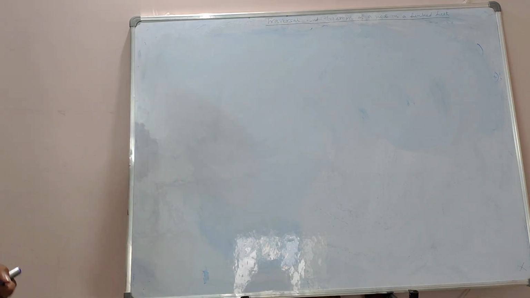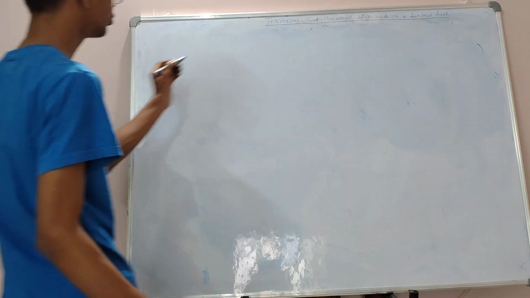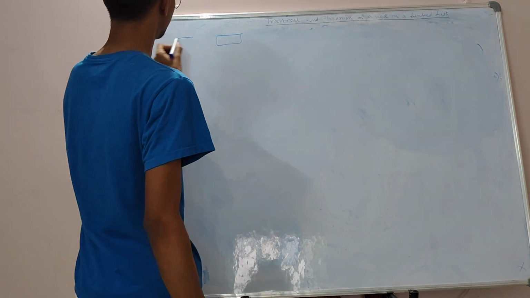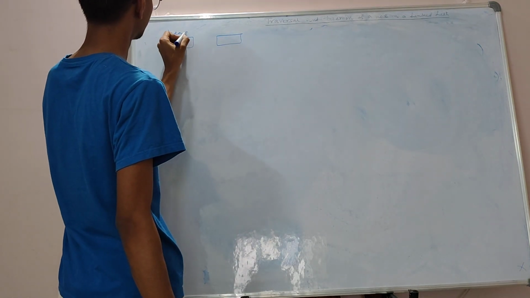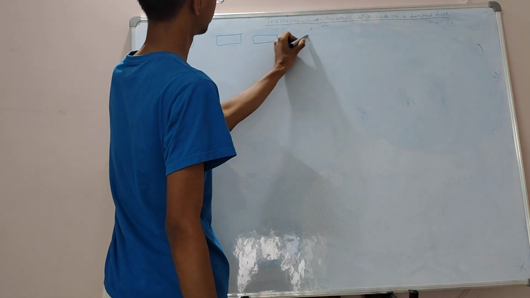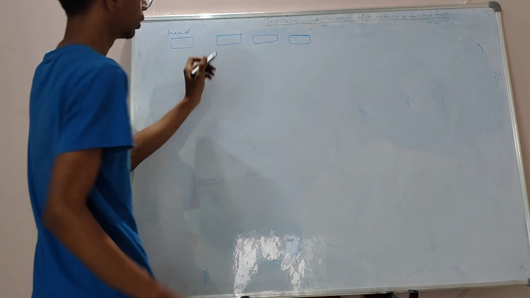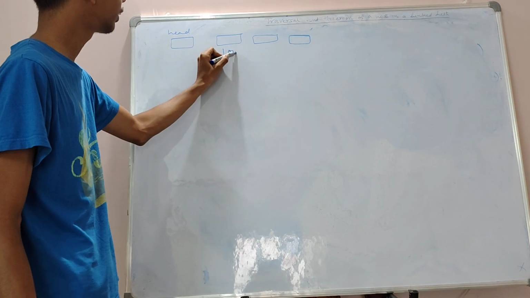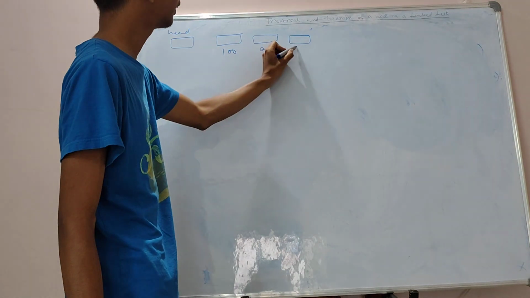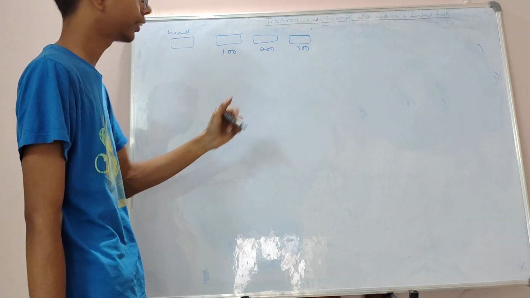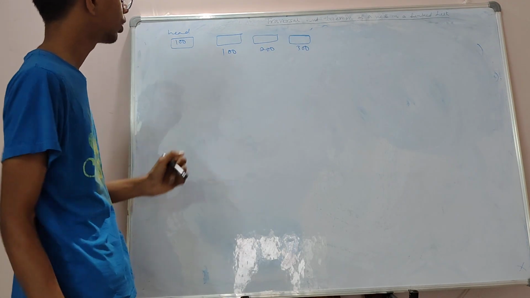So this time what I will do, suppose I have my linked list, right? This has address 100, this has address 200, and this is address 300, and my head has address 100, right?